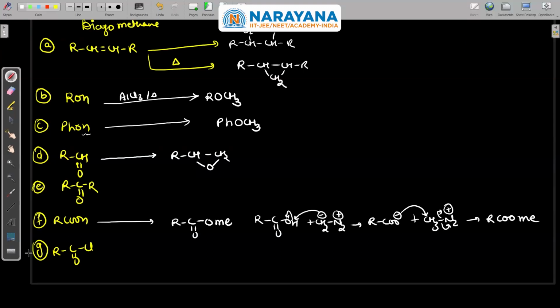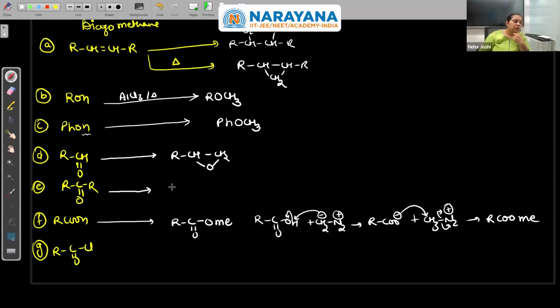For aldehydes, yes, for both aldehyde and ketone, we can have epoxide as one of the products. When I say one of the products, it is like this.